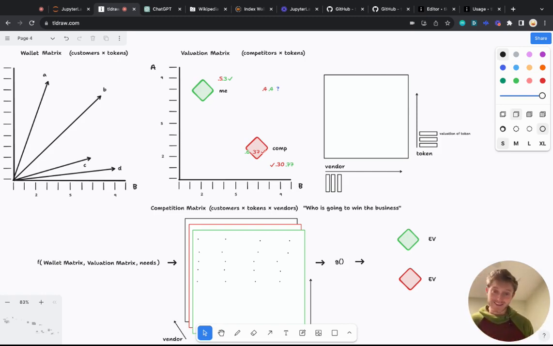It has as many dimensions as the number of tokens times the number of vendors. So we do not want to compute this.